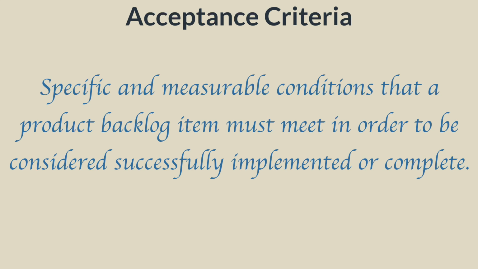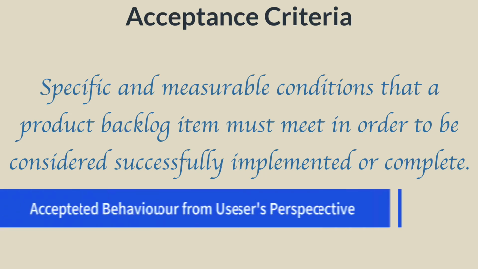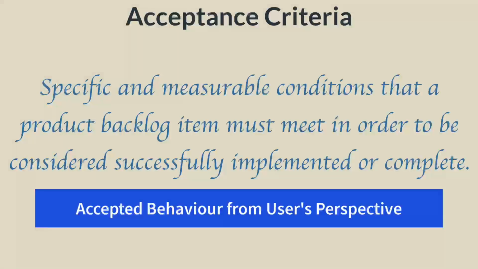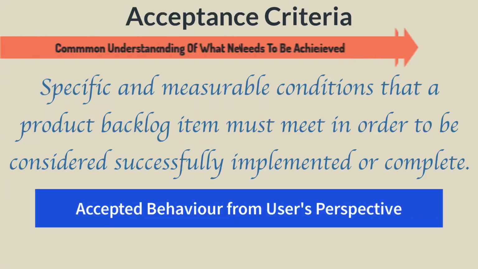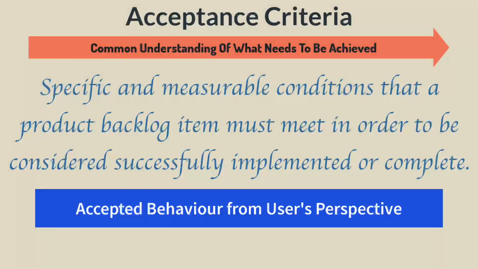They serve as a crucial component of user stories or product backlog items and help define the expected behavior and functionality of the software from the perspective of the end user or the stakeholder. Acceptance criteria are used to ensure that both the developers and the stakeholders have a clear understanding of what needs to be achieved, allowing for effective testing and validation of the PBI before it is considered ready for release.